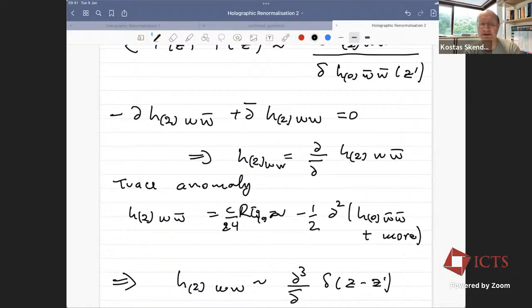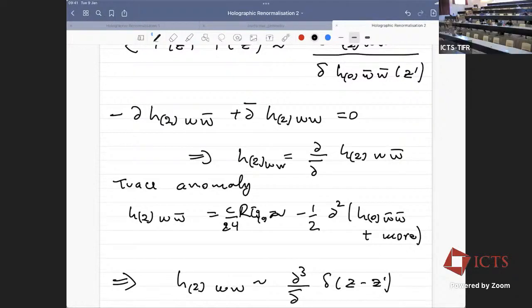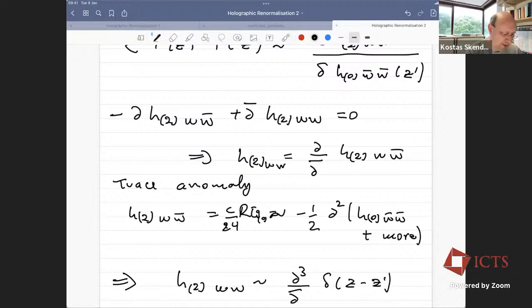If you're in higher dimensions, then you would need to use Green's functions and bulk to boundary propagators. So in this case, it's more elementary than higher dimensions. But the method can be used really in all cases. This is the method to solve them.